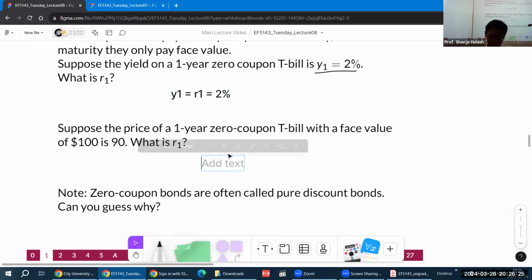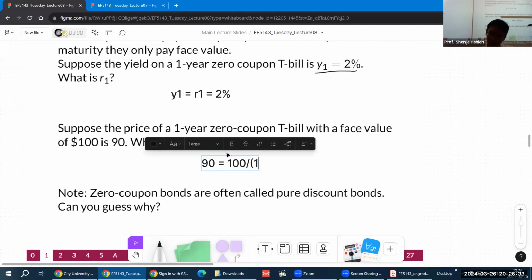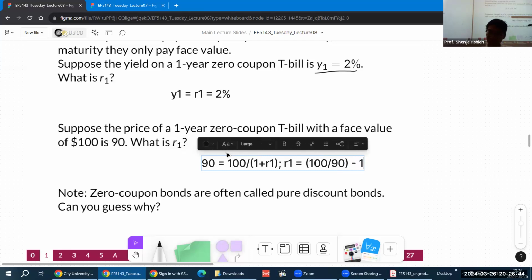You can back out the yield quite easily. If it has a value of $90 and a face value of 100, you just divide and subtract 1 to get the yield to maturity. Solving it is quite simple, right?